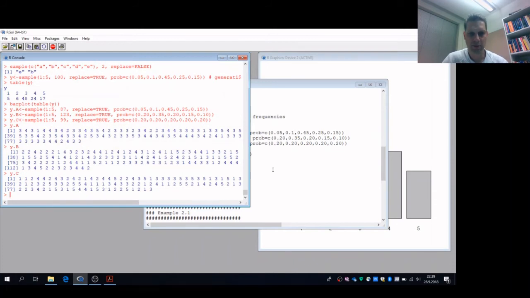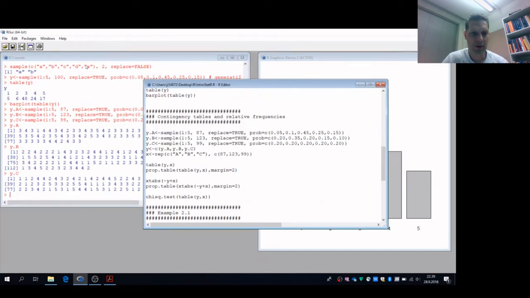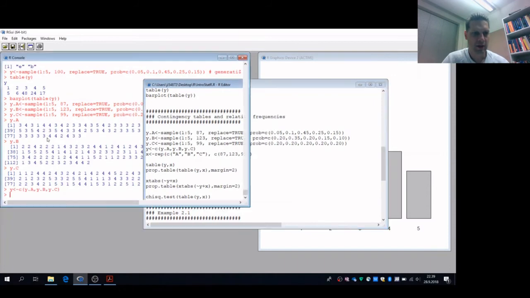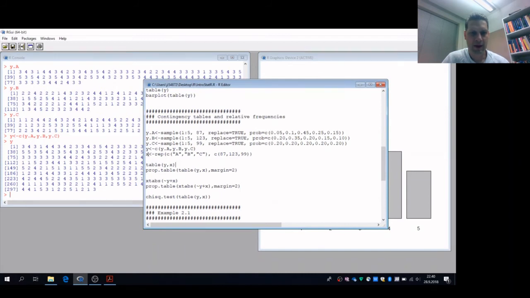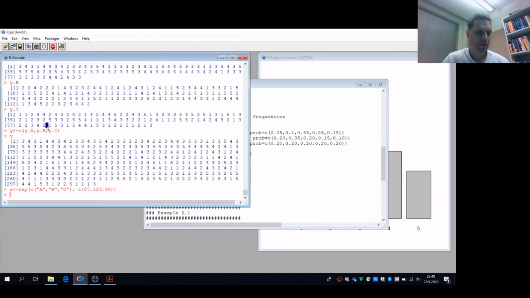So we can make a Y vector which just contains all these 3 vectors joined together, and we also create an X vector which tells us in which subpopulation the observed value Y was obtained.